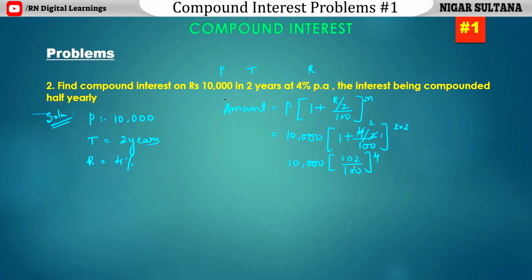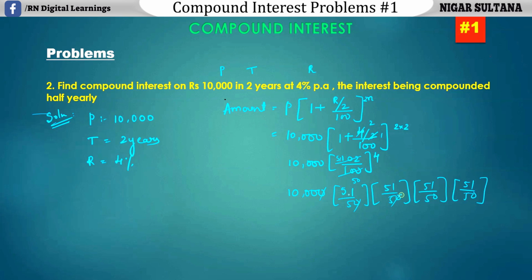Now this can be cancelled as 2 fives and 2 ones. 10,000 times 51 by 50, four times: 51 by 50, 51 by 50, 51 by 50 and 51 by 50 again. Now these 4 zeros will get cancelled out.